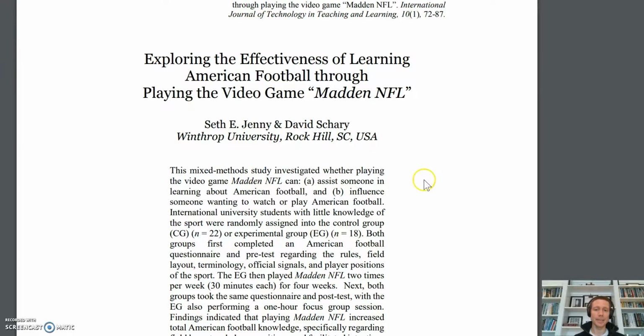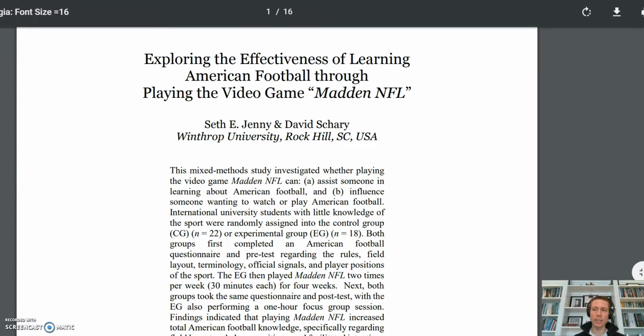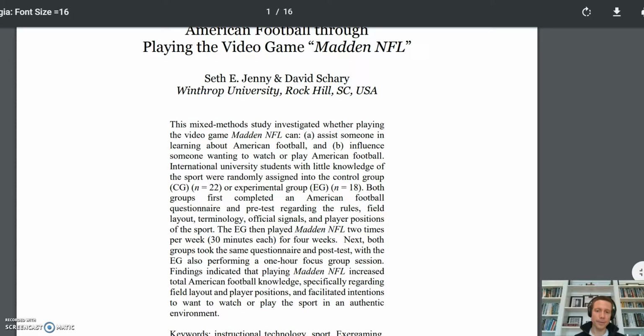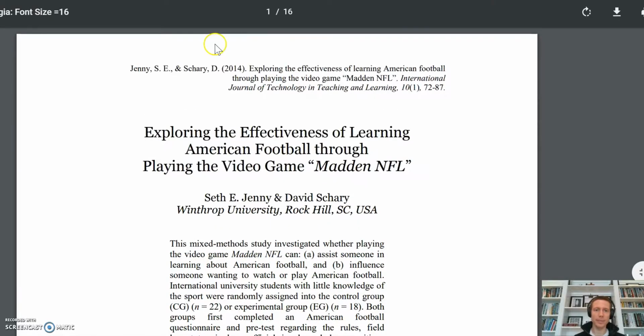They played 8 sessions of Madden, and then afterward we post-tested them and we tracked their quantitative learning, but then we also conducted focus groups, and also through qualitative means tried to determine to what extent did they learn or have any types of impacts from playing the Madden video game. So that was a mixed method study.